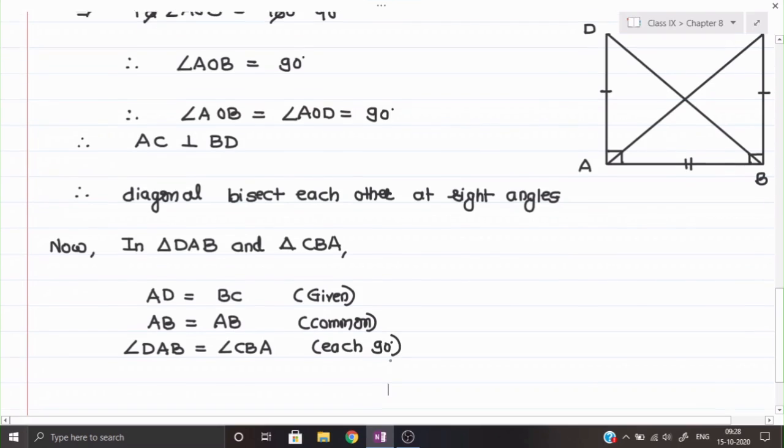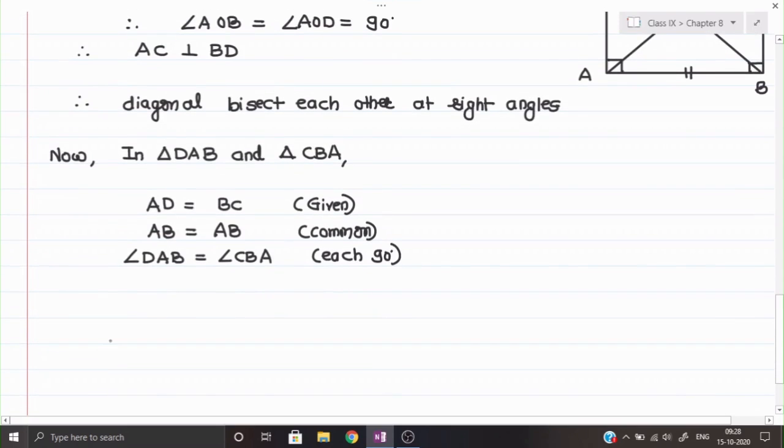So we can say that therefore triangle DAB is congruent to triangle CBA. So therefore AC is equal to BD with the help of CPCT.